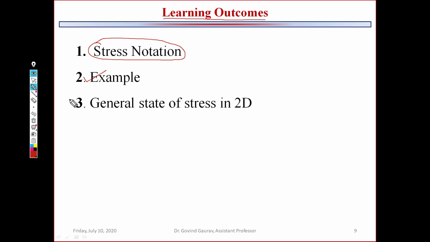Thereafter, we moved to the general state of stress in two dimensions. In the two-dimensional state of stress, no stresses act on the z plane, so we are left with only four quantities. Among those, two are normal stresses and the other is the shearing stress. So in a two-dimensional figure, we need only three values of stress to define the stress at a particular point, because the complementary shear stresses are the same.